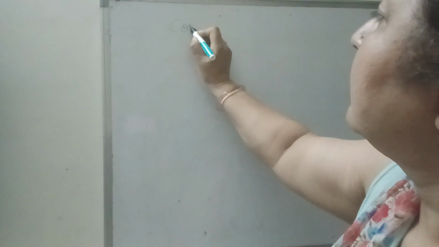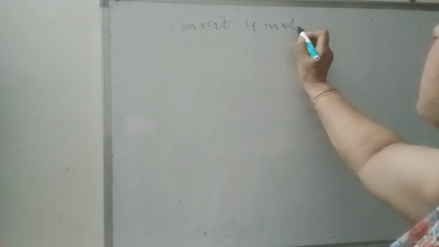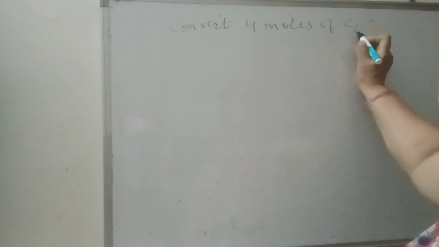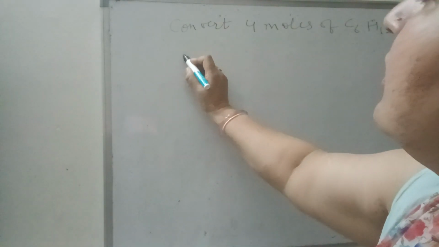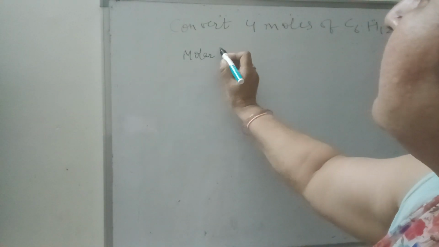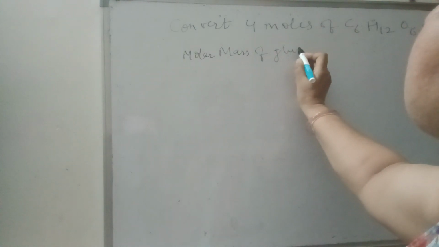Convert 4 moles of glucose C6H12O6 in gram. For this we have to calculate molar mass of glucose.